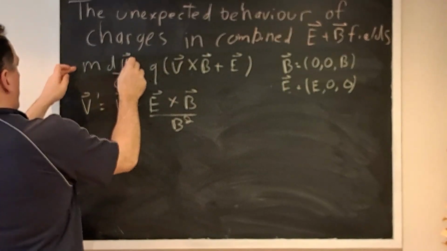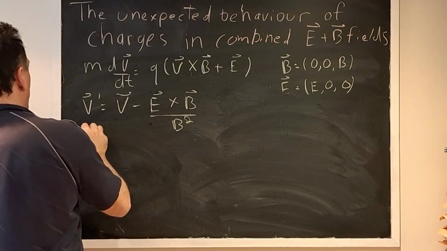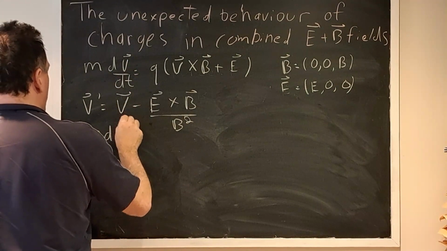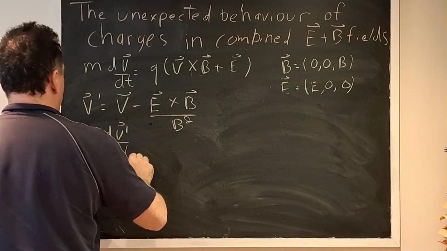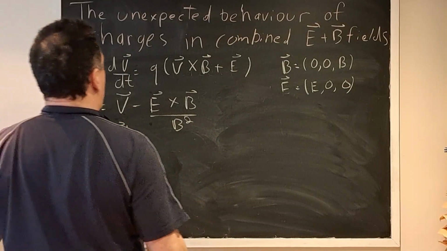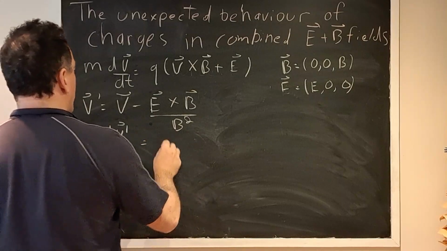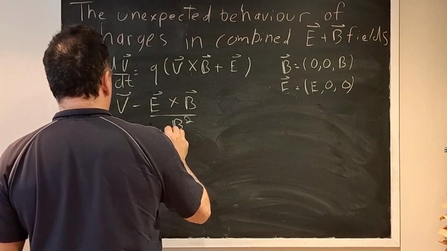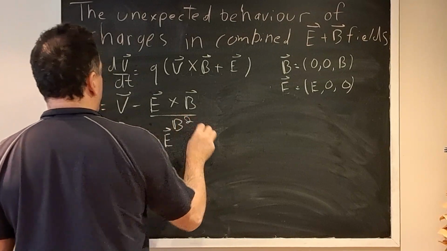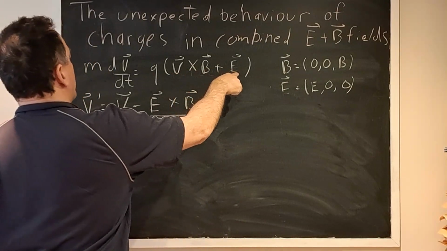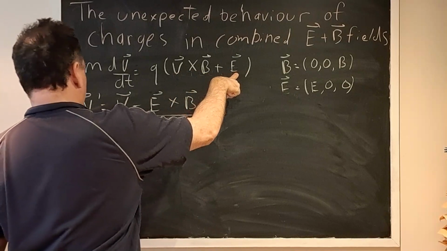So on the left-hand side, what we get is m dv prime dt, and now is equal to qE. That doesn't change because the velocity is not involved in the force due to the electric field.